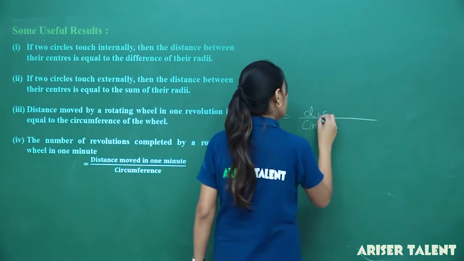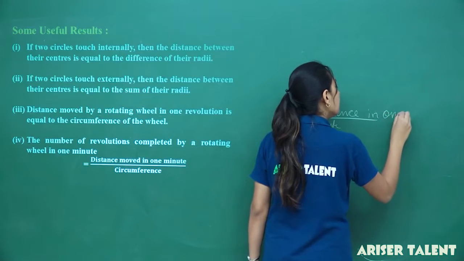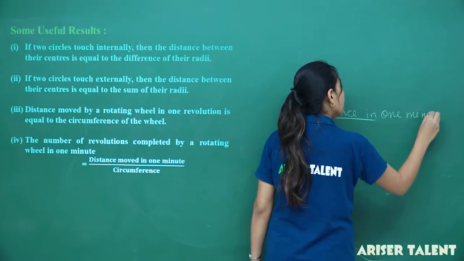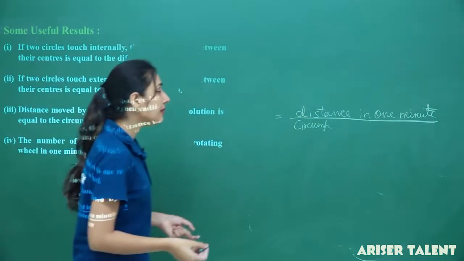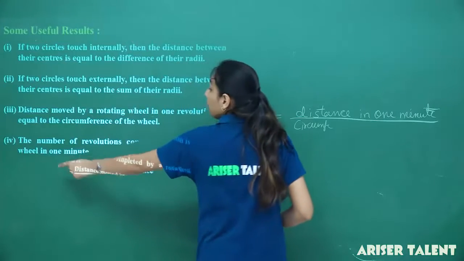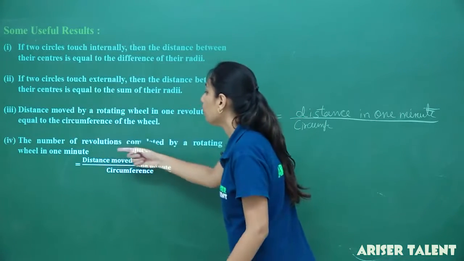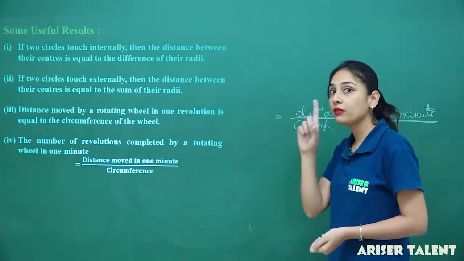Distance in 1 minute divided by the circumference. That will be your number of revolutions completed by the rotating wheel in 1 minute.